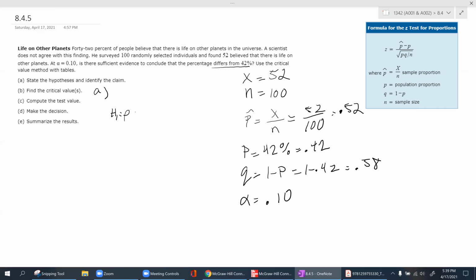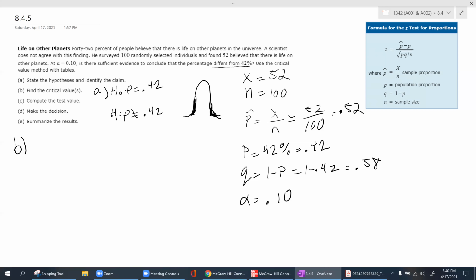So P does not equal 0.42. Do not use 42%, please. We're dealing with proportion, that is 0.42. And from our previous section, we said if your alternate is not equal, then it is a two-tailed test. It is a two-tailed test. Very nice.